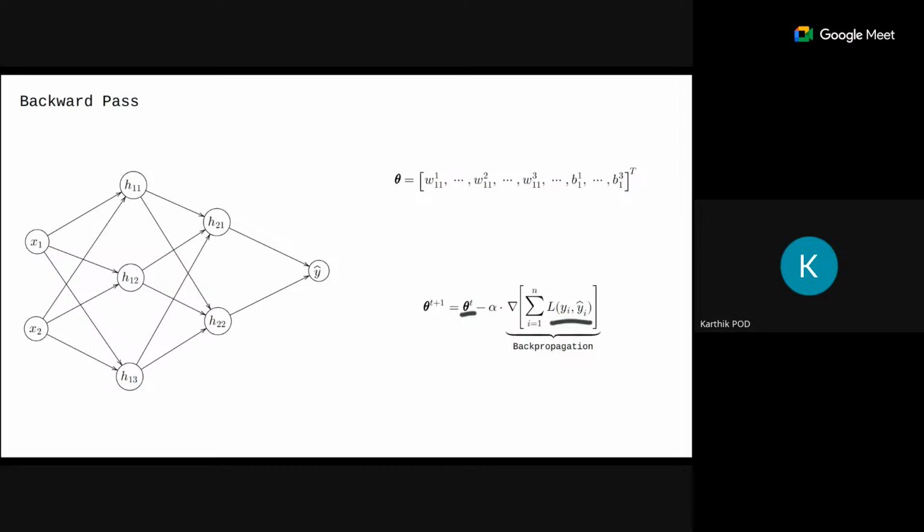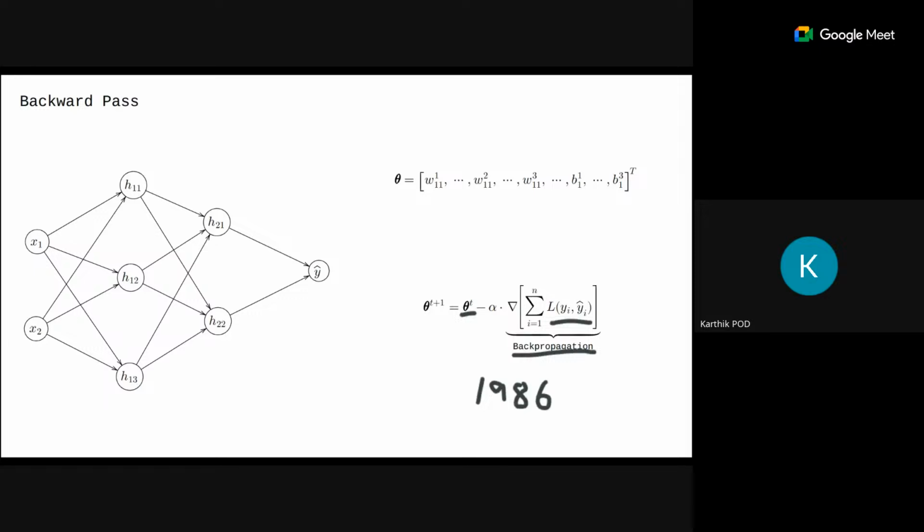Now there is an algorithm to find the gradient of the loss function. In the case of neural networks, that's called backpropagation. It's a very, very popular algorithm. You'll study more about this in the deep learning course. This was popularized in the year 1986 by two scientists.